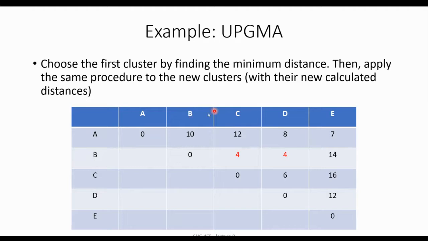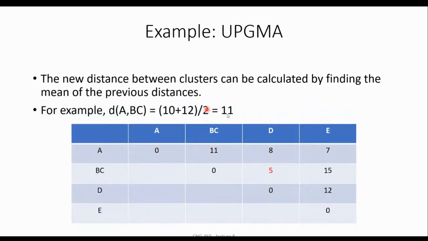If I want to put BC in one cluster and I want to compare it with A, what we can do is to find the average of them. The average of AB and AC, 10 plus 12 over 2. So you see in this example, this is how we calculate it. So 11 for this cell.